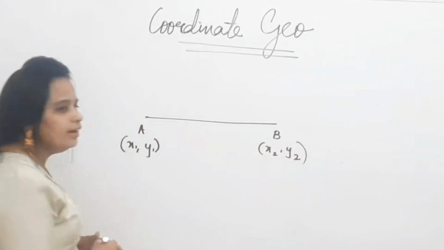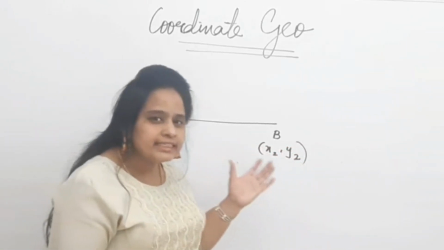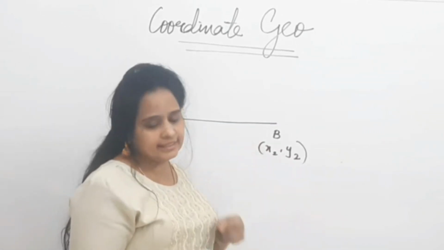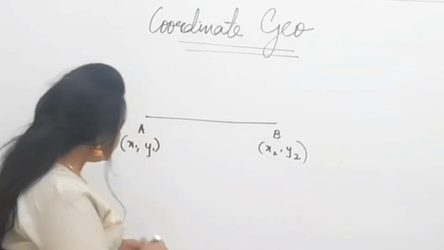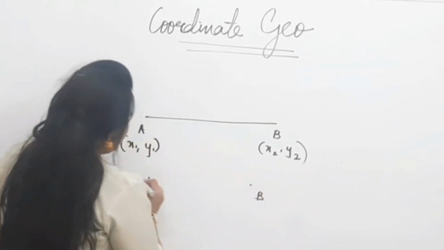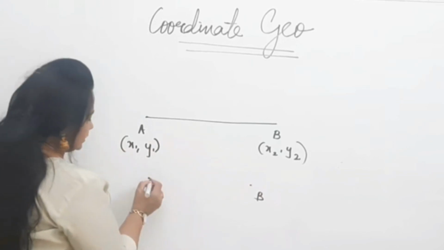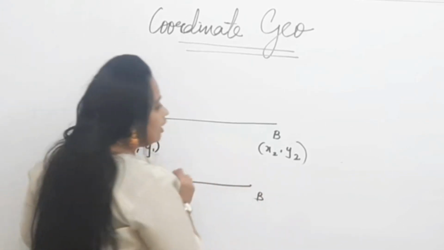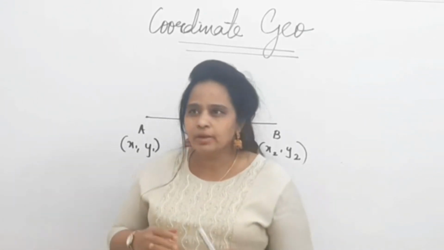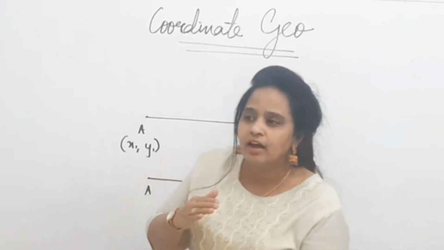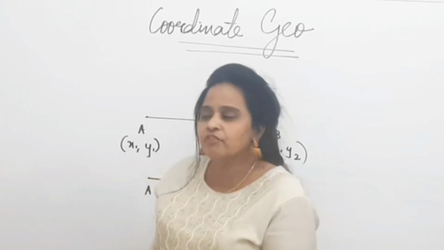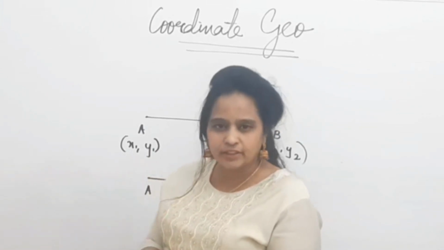We always denote the distance by joining those 2 points by the line segment. Ma'am, it is given just the points A and B, then why are you joining them by the line segment? That's a good question. Why? Because you must think about traveling from one place to another place.